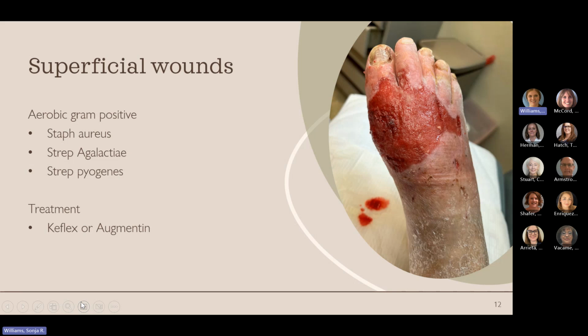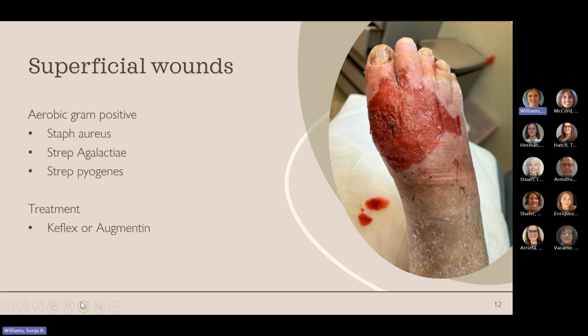Staph aureus is the most common, although group A and group B strep are also common in the diabetic foot. As far as treatment, Keflex or Augmentin usually provide significant coverage unless you have a suspicion that the patient has a history such as MRSA.